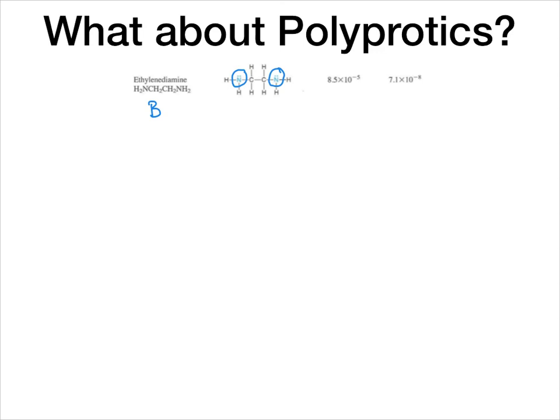And so I have in the table Kb values for Kb1 and Kb2. So the Kb1 reaction corresponds to the base reacting with water, and it's a base, so its lone pairs are going to take a proton, making BH+ and OH-.